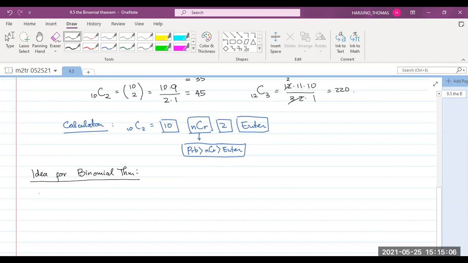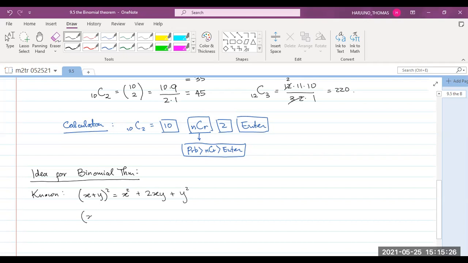Here's the idea. We know that x plus y squared is x squared plus 2xy plus y squared.